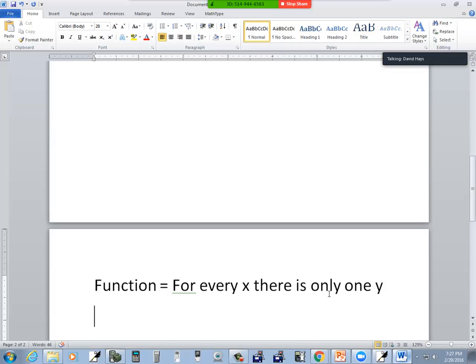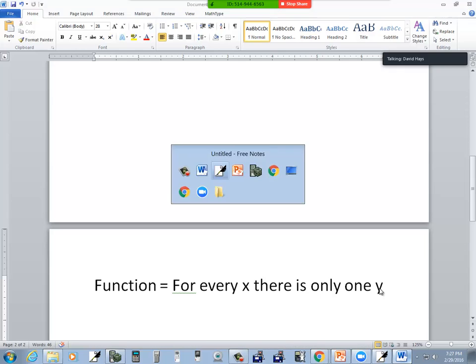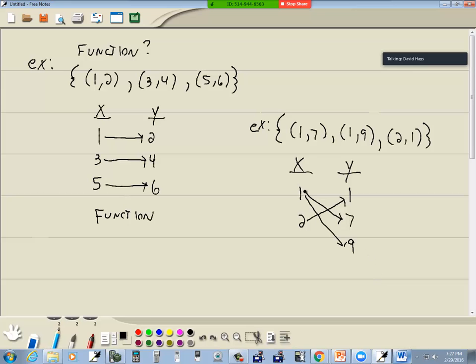Now I said for every x there's only one y. That's our definition of a function. But we see for this particular x value, we got two lines coming out of it. It's being mapped to 7 and it's being mapped to 9. Since we have two lines coming out of it, then this is not a function. Now that's a graphical view of it. There's an abstract shortcut for it.